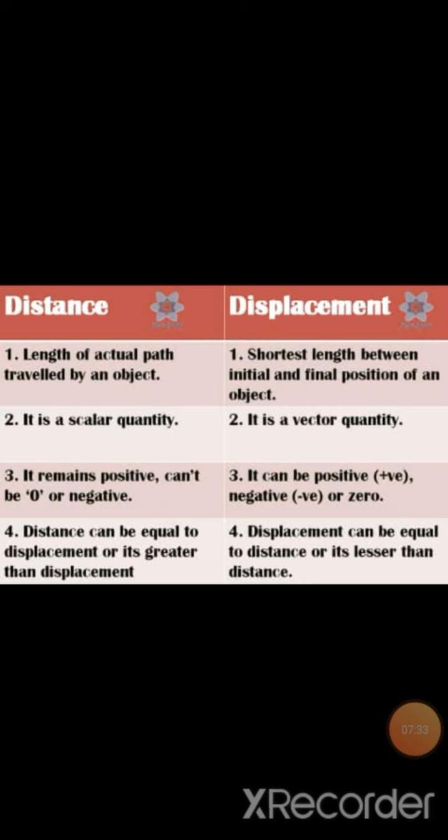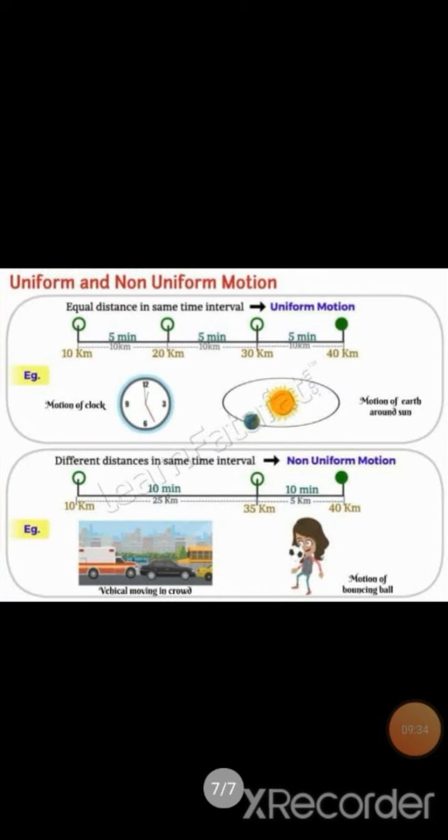Now, we are going to learn 2 new terms: uniform motion and non-uniform motion. Consider that a person is covering a distance of 10 kilometers for every 5 minutes.